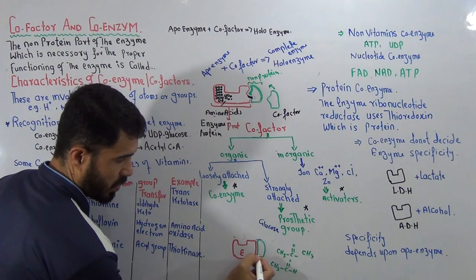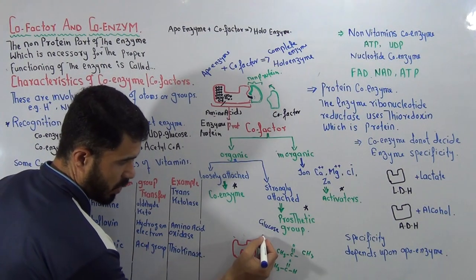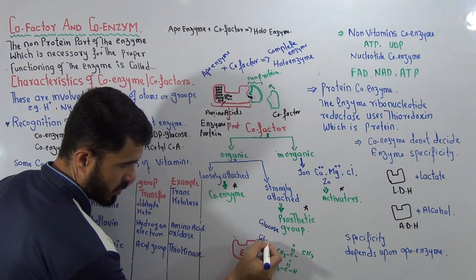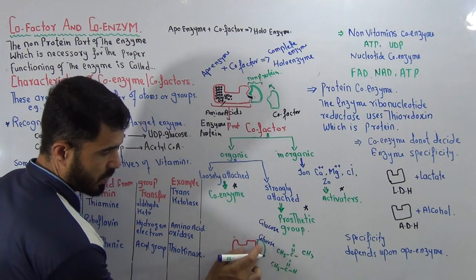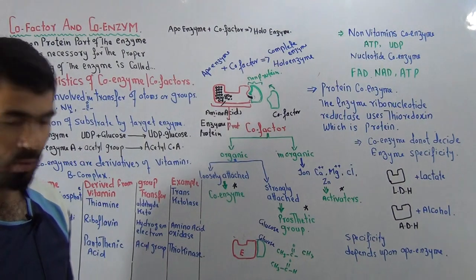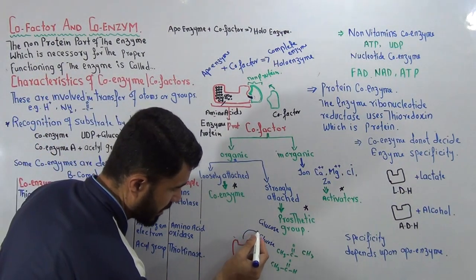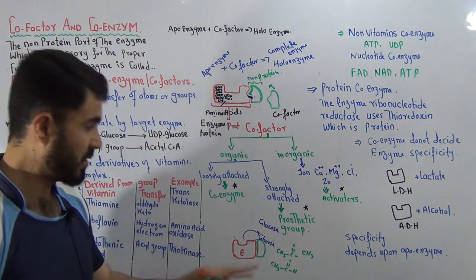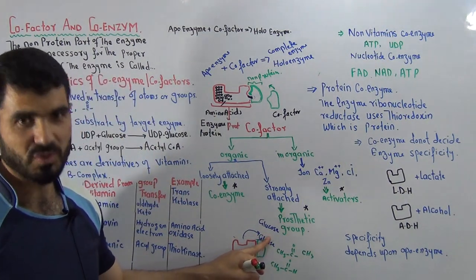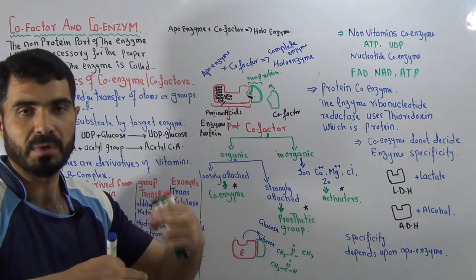Let's suppose this is coenzyme, and the coenzyme will attach glucose with itself. Once the glucose is attached to the coenzyme, then the enzyme can recognize that this is my substrate. So then glucose can be catalyzed.